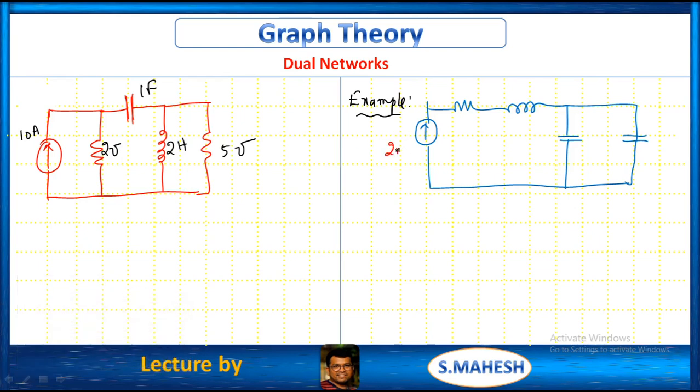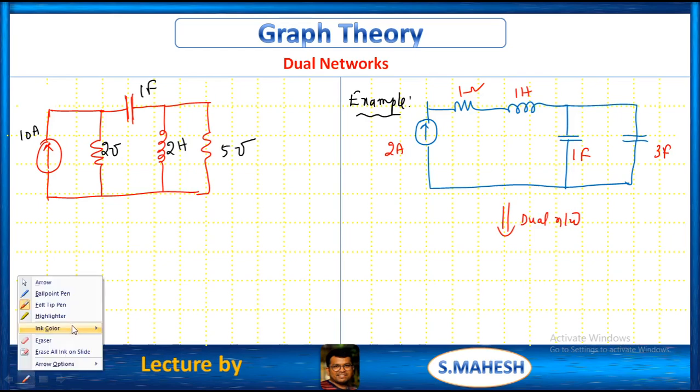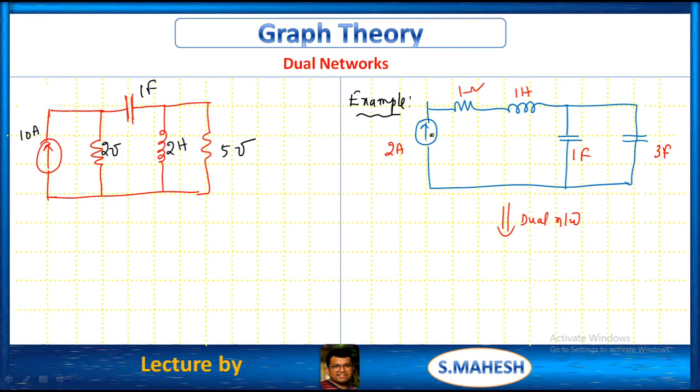This is 2 amps, this is 1 ohm, this is 1 Henry, this is 1 farad, this is what? 3 farad. Then what is the dual network? Simple. Here we are having a current source. What is the dual of the current source? Voltage. It is connected in parallel in the given network. Therefore, voltage is connected plus minus in series.